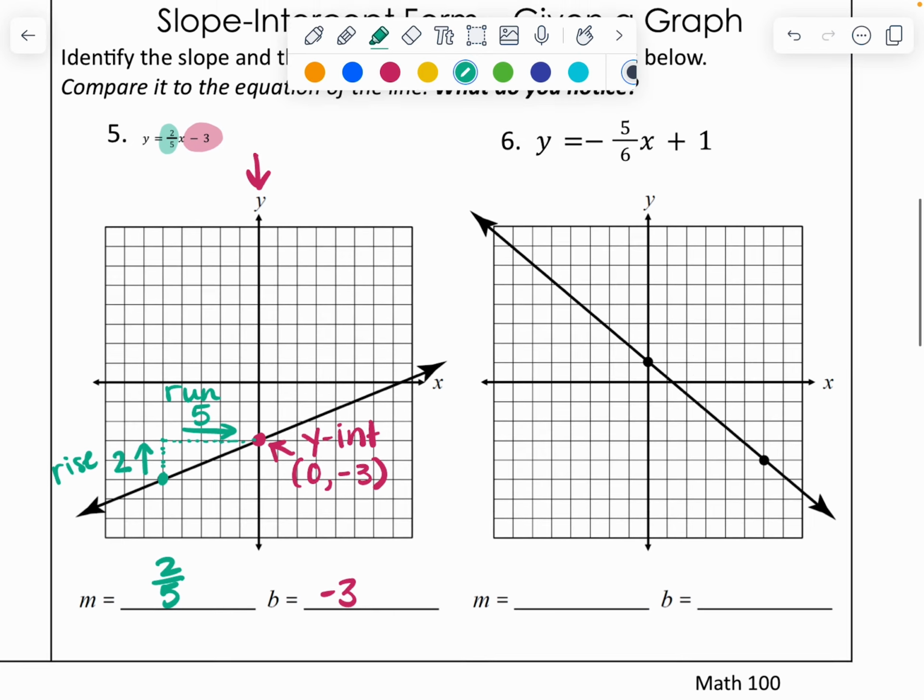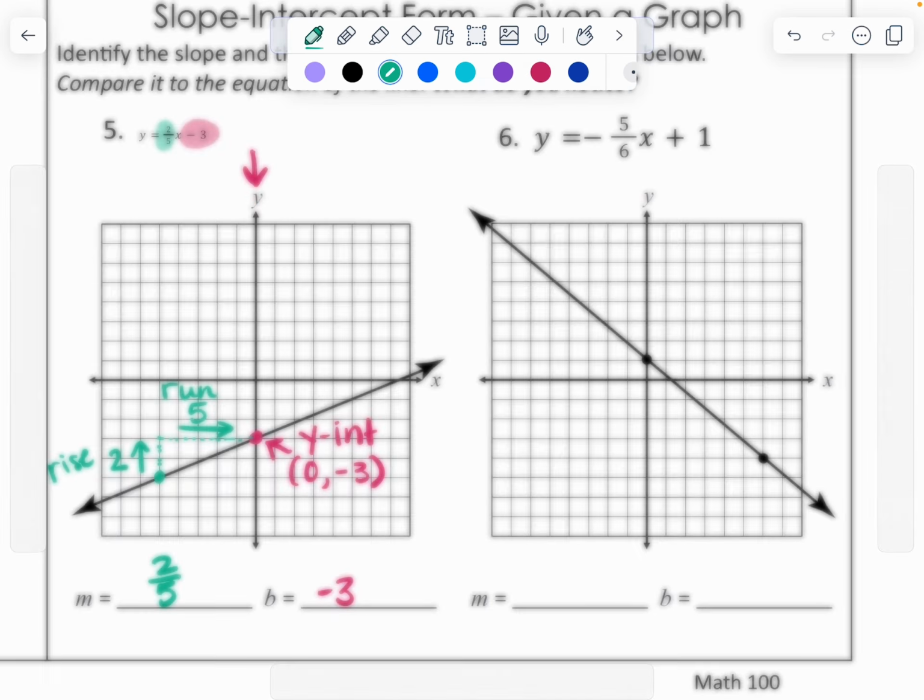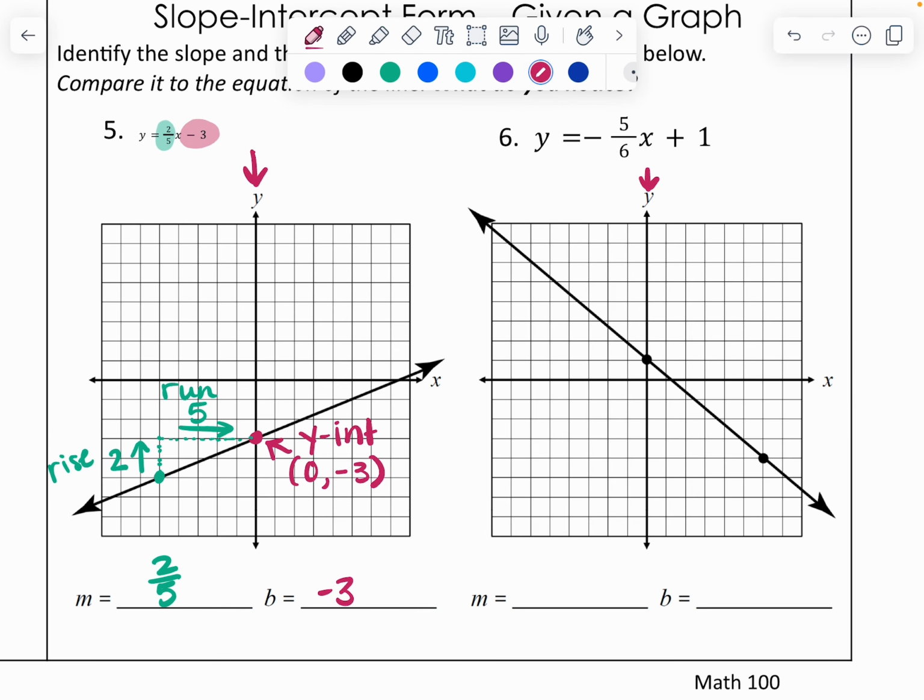Look at number 6. Find your y-intercept. So we're looking here at the y-axis. The line crosses at 0, 1. That's my y-intercept. So my b is 1. And my slope, we're going to be working down to this next point.